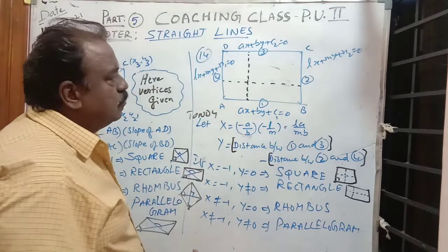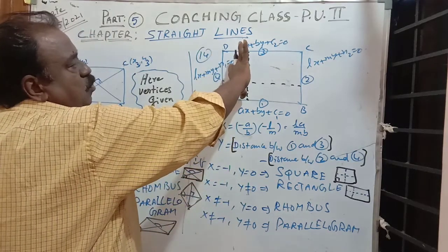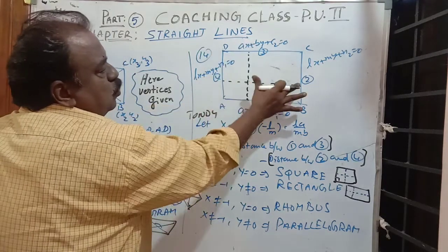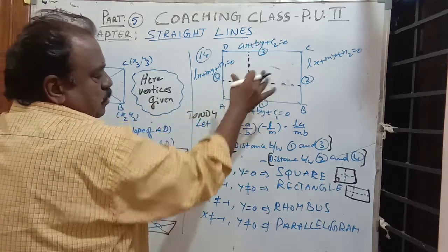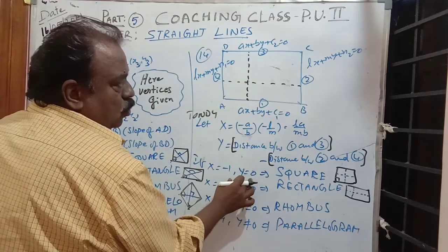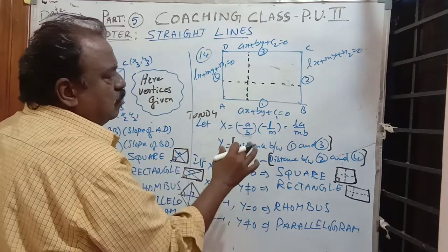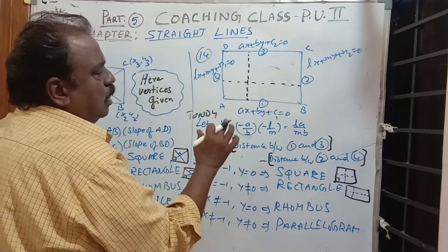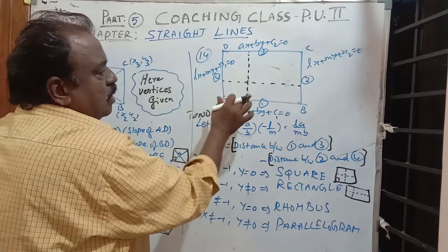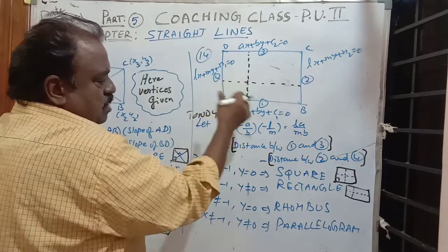Suppose the distance between 1 and 3 is 5 units and between 2 and 4 is also 5 units. 5 minus 5 gives 0. So it is a square, because all sides are equal and opposite sides are at the same distance.